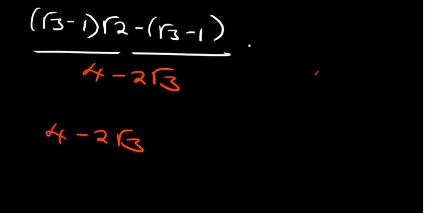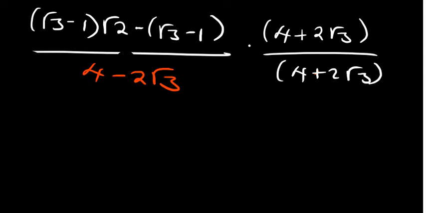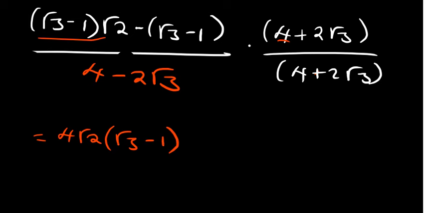So we can multiply by 4, changing the sign. So 4 times that, we're going to have 4 root of 2 root of 3 minus 1 minus 4 times that, then we've multiplied by the 4.